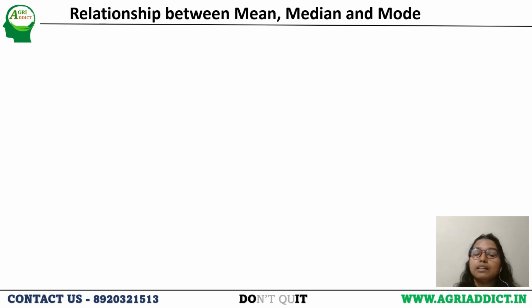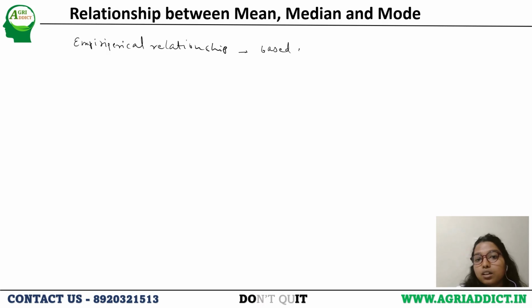Next is the relationship between mean, median, and mode. This relationship is not a mathematical relationship. It is an empirical relationship. What is an empirical relationship? It means this is based on research.